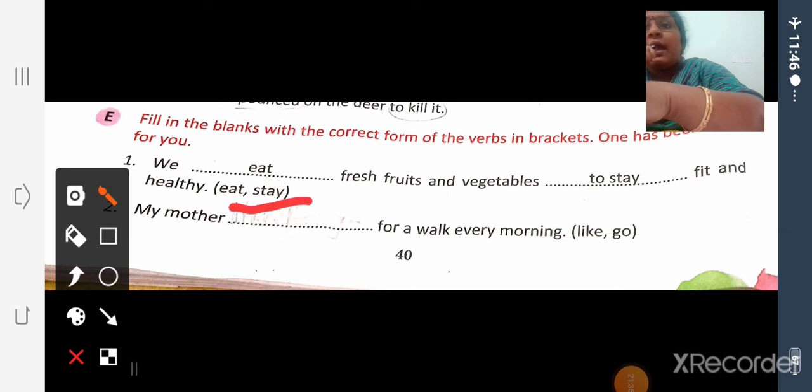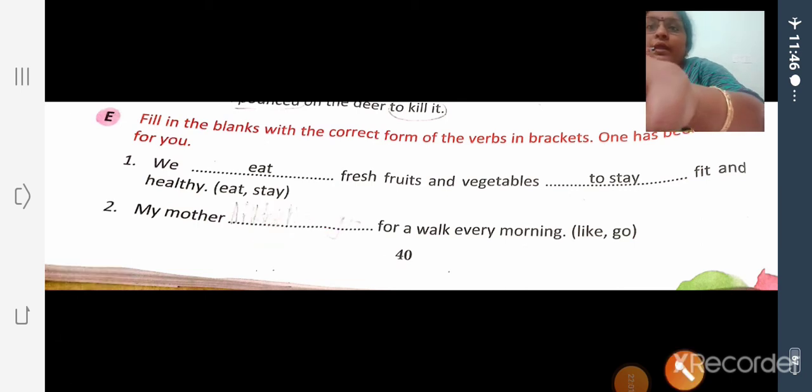We eat fresh fruits and vegetables to stay fit and healthy. Then, my mother dash for a walk every morning. My mother likes to go for a walk. My mother is singular, so it should be likes, the s form. My mother likes to go for a walk every morning.